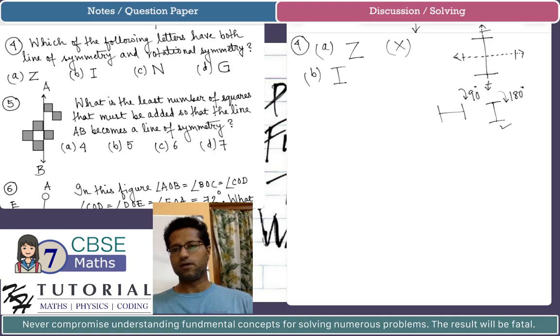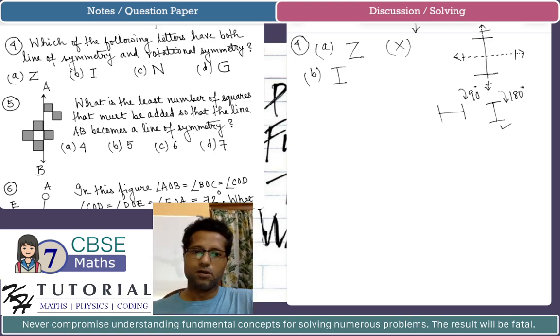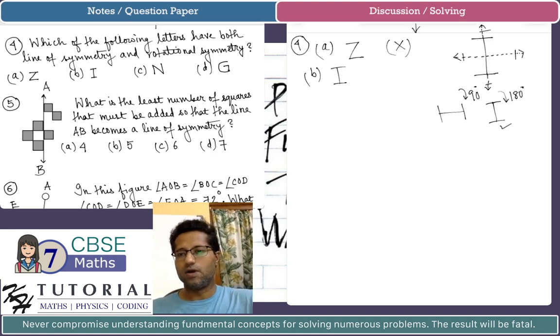If you rotate any figure clockwise or anti-clockwise by 360 degrees, it will look identical to its original figure, meaning the figure in its original position. And if at any angle greater than 0 and less than 360 degrees the figure looks identical to its initial position, then the order of rotational symmetry n is greater than 1, and it has rotational symmetry.